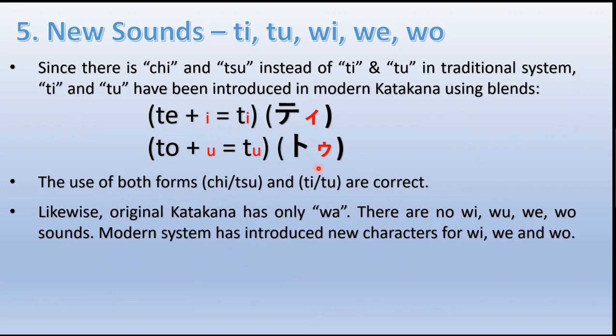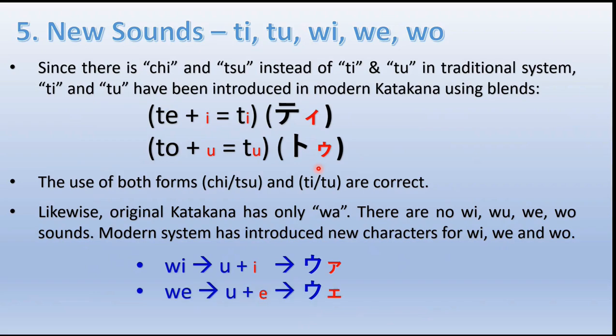Likewise, original katakana has only wa. There are no wi, wu, we, wo sounds. The modern system has introduced new characters for wi, we, and wo. So let us see how these wi, we, and wo sounds are formed. Wi is formed by u and i, We is produced by u and e, and Wo is produced by u and o.